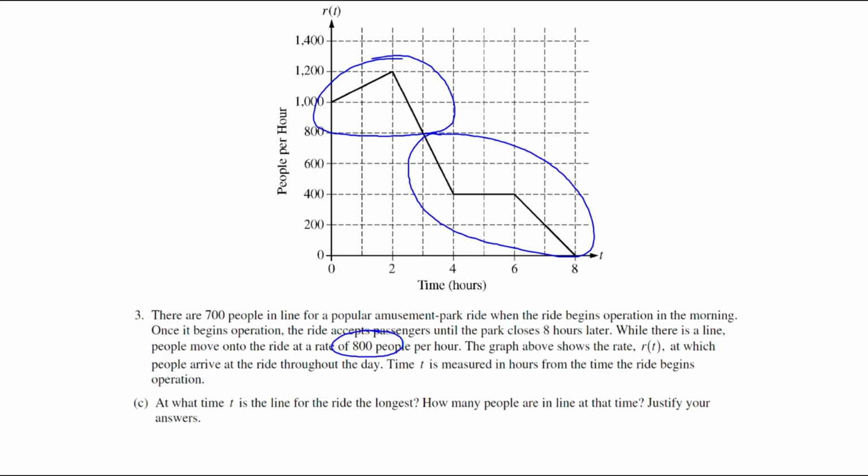So we could say r of t is equal to 800 at only t equals 3.